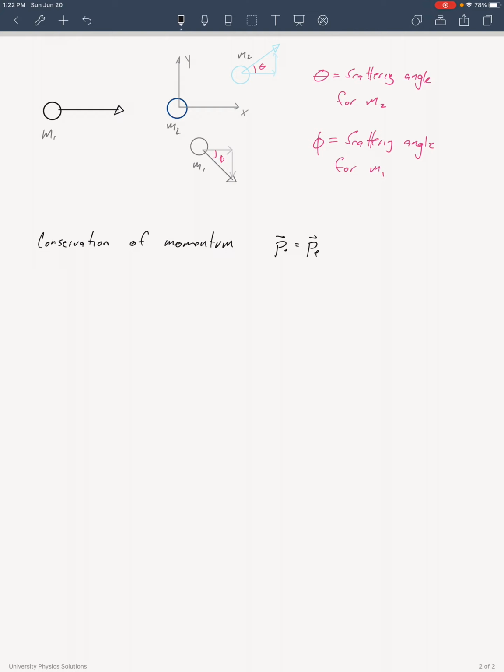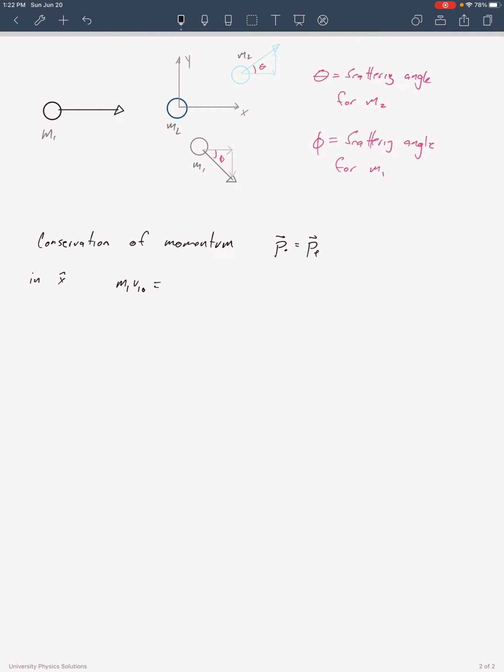Now the momentum before the collision, you see that it's all in the X direction, because all the initial velocity is in the X direction. So in the x direction, I have that my initial momentum is going to be m1 v1 0. And that has to be equal to my momentum after the collision in that direction.